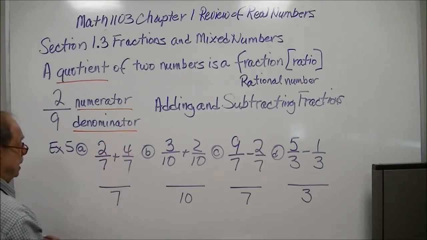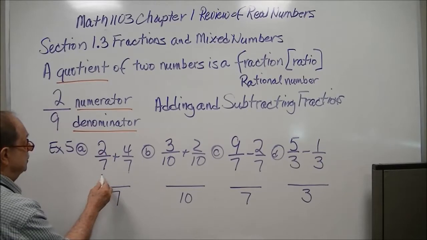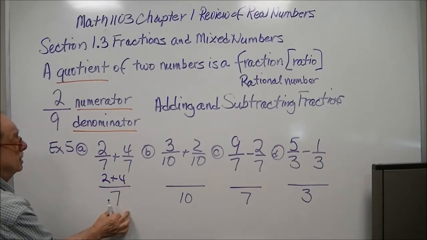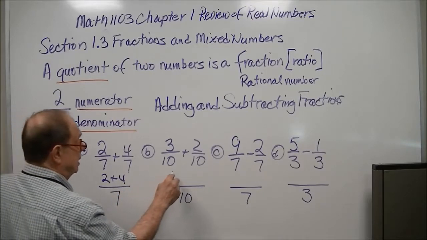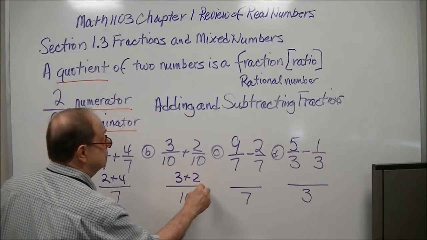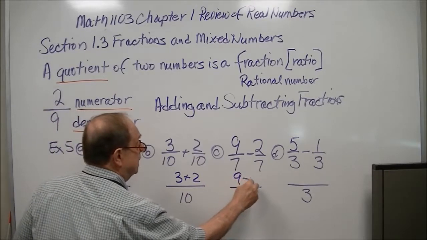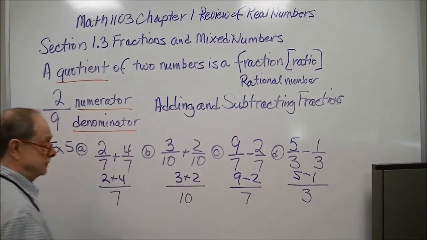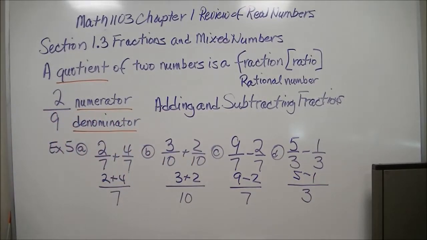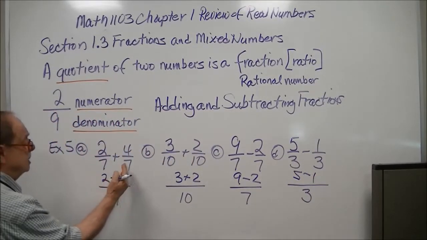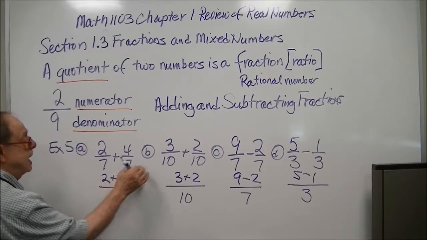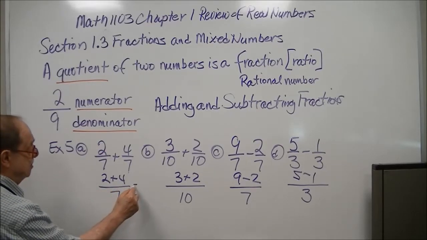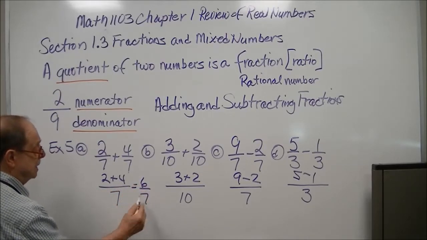We put our numerators, 2 plus 4 over our common denominator. 3 plus 2, 9 minus 2, 5 minus 1. So if they are already the same denominator, we just do the action on our numerator, and then this will become 6 over 7.